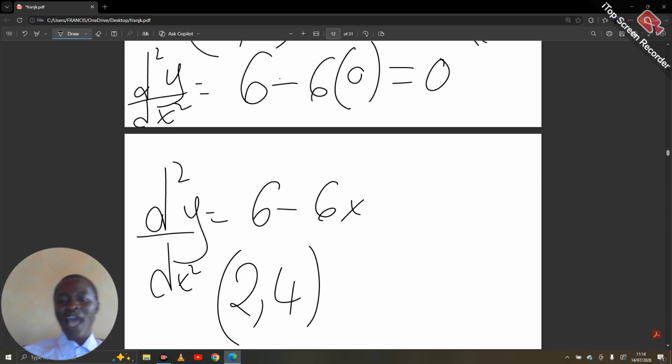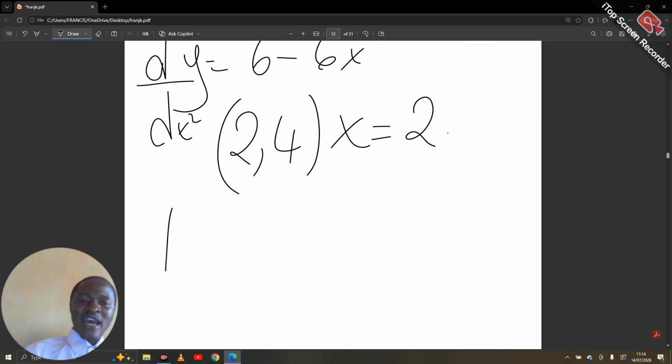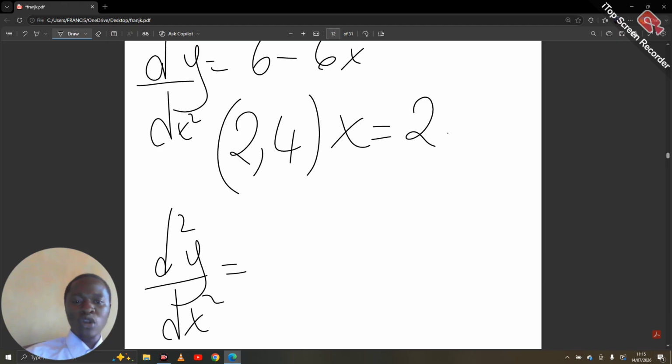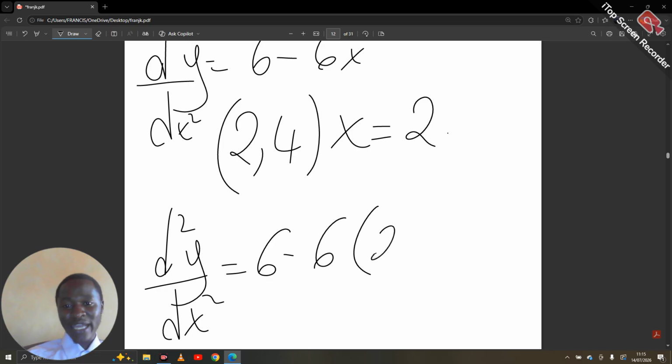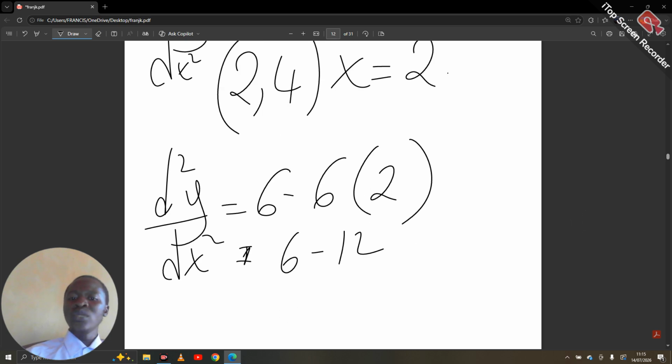In the second point, our x value is 2. So d squared y over dx squared equals 6 minus 6 into what? x is 2. So we shall have 6 minus 12, which is negative 6.